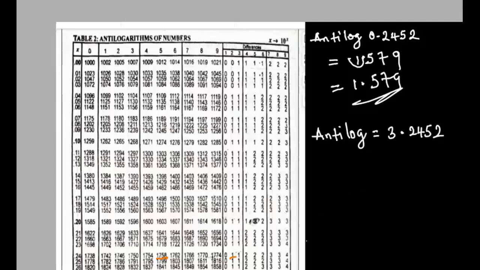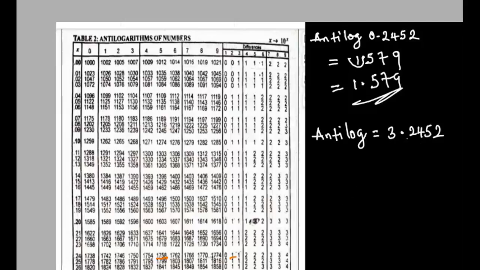And if also the question comes again this way, we had initially 0.2452. What about if it comes as 3.2452? You see, I just changed the whole number. The original question was 0, but I just used 3 here. I'll still do the same thing.